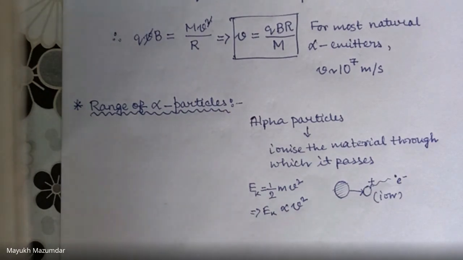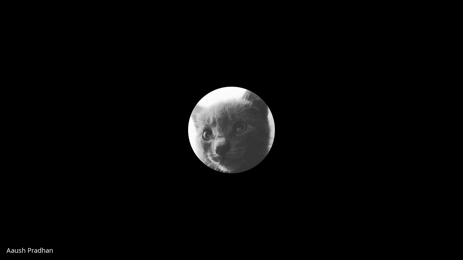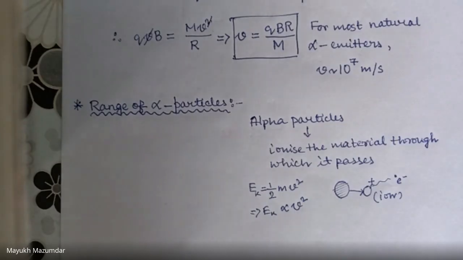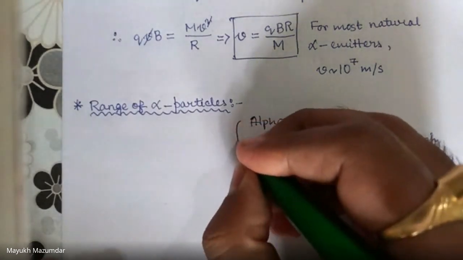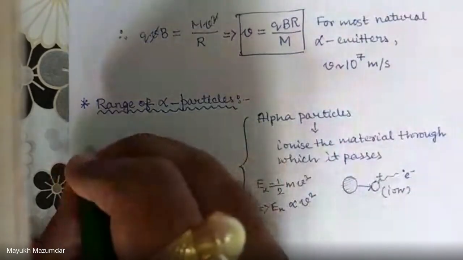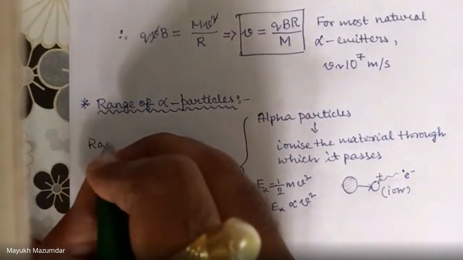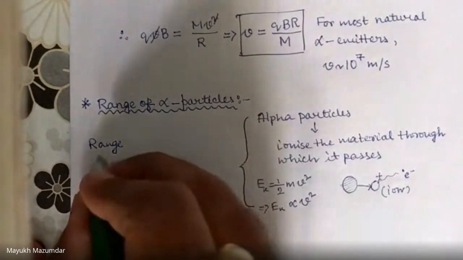Is it clear what I'm telling? Yes, sir. So it is simply the distance that an alpha particle travels in a medium before it stops ionizing. Range will depend on two things.